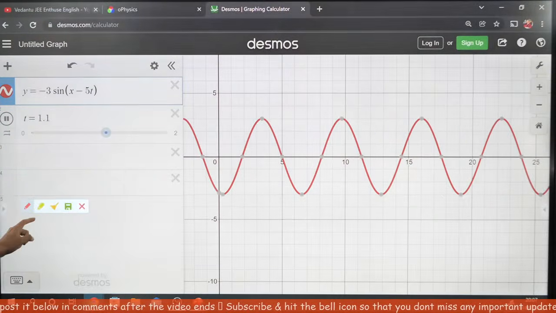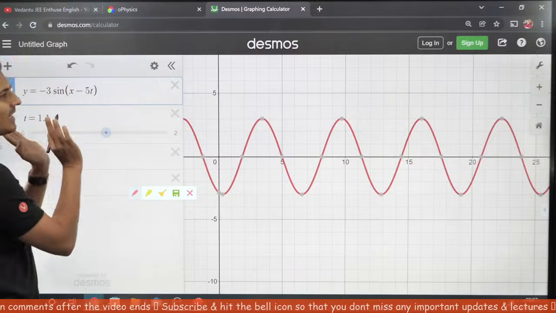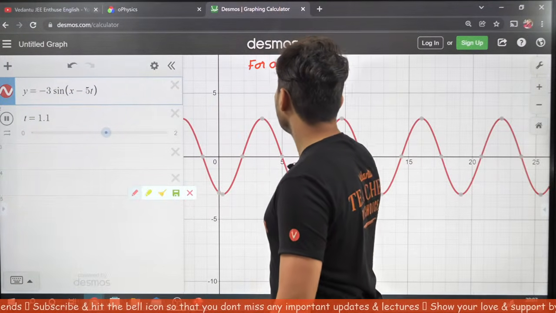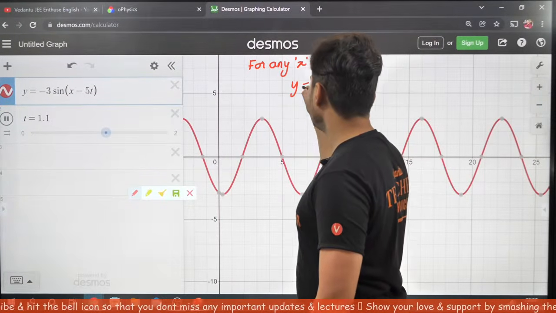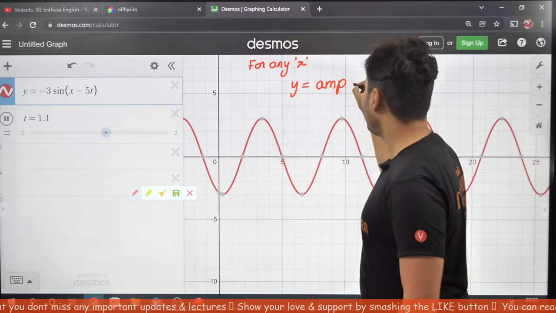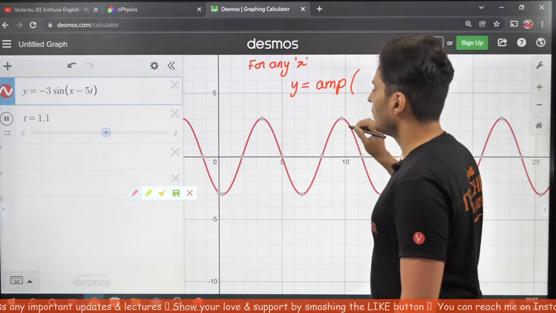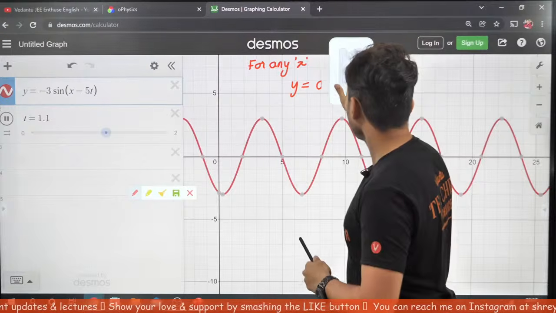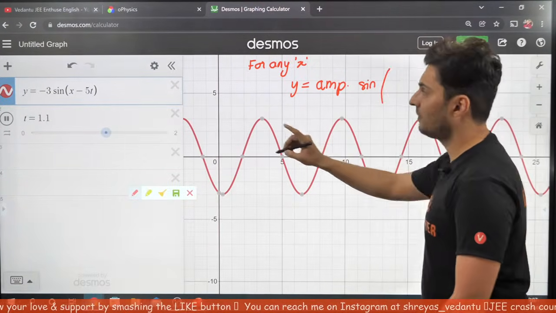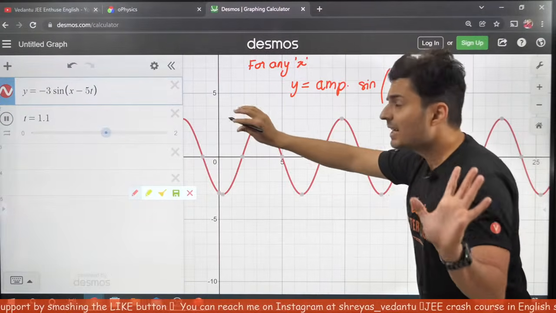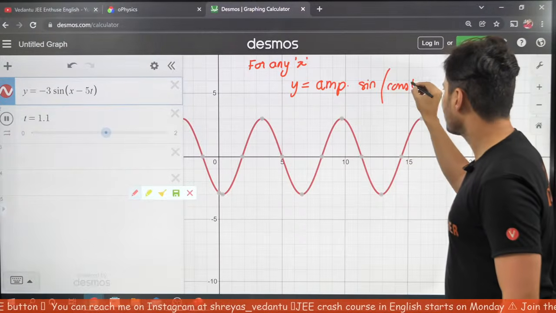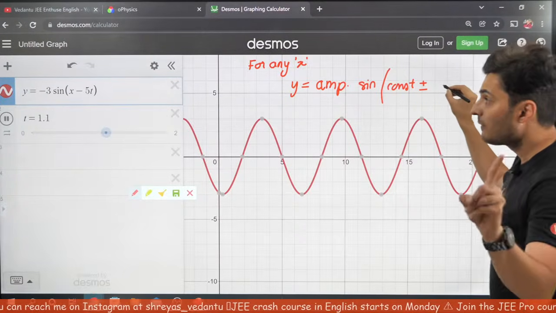Very simply put, just forget this x for a moment. For any given x, y will be some constant outside, which is like the amplitude, multiplied by sine of some constant, since I have fixed x, plus or minus 5 into t.